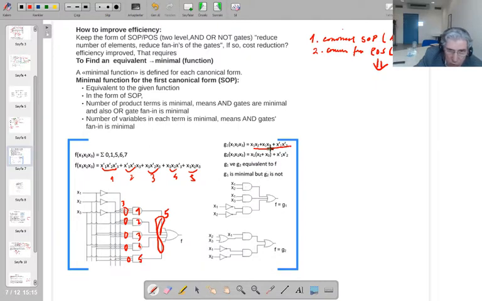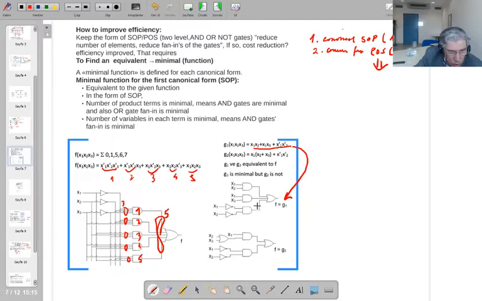So if you draw the circuit corresponding to this function, you've got this circuit. Since f is equivalent to g1, whatever this circuit does, this circuit also does the same thing.